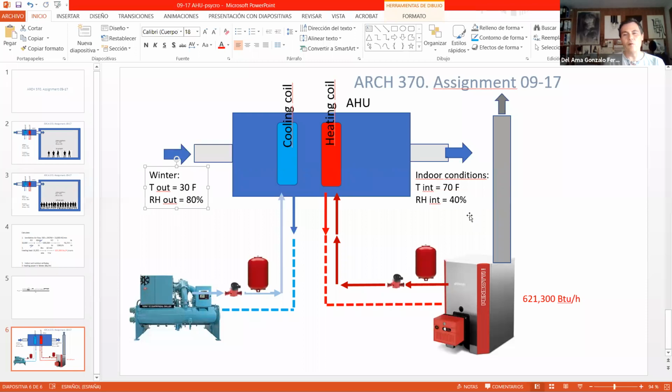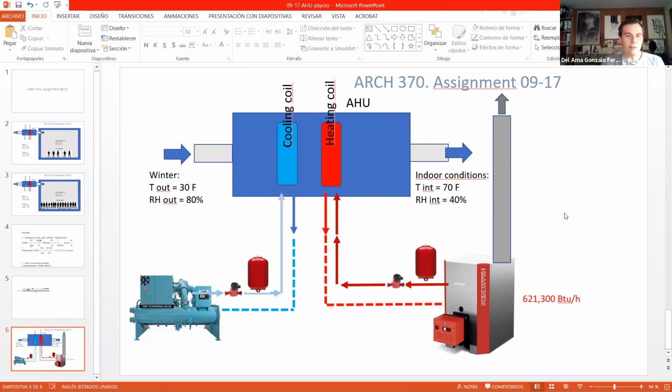Okay, so we have a lot of information here. We have the outdoor air at 30 Fahrenheit and 80% relative humidity. We go through the heating coil. The boiler is working. This is the power that we need for that boiler, and this is the final condition of the air.